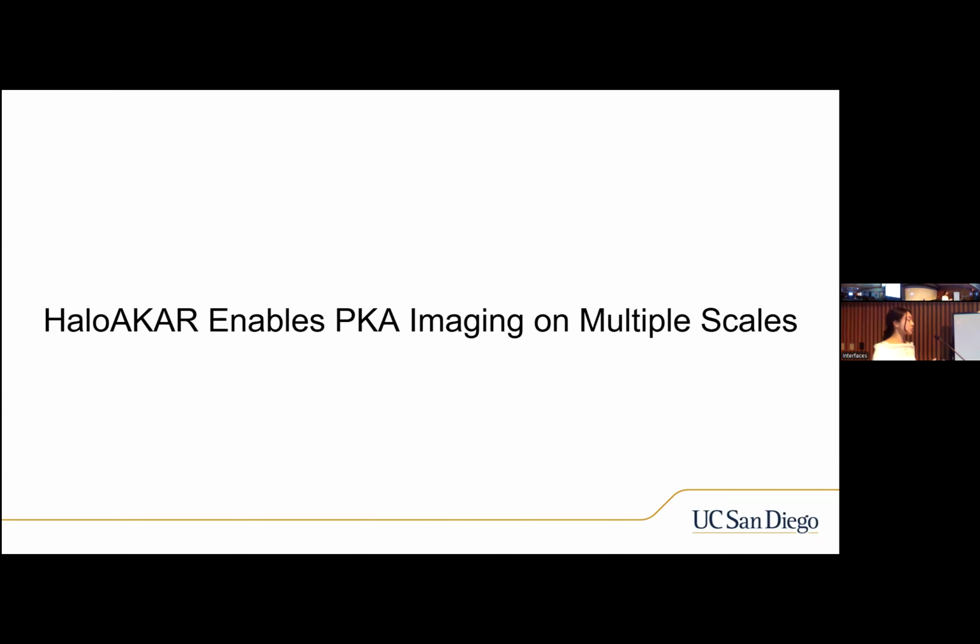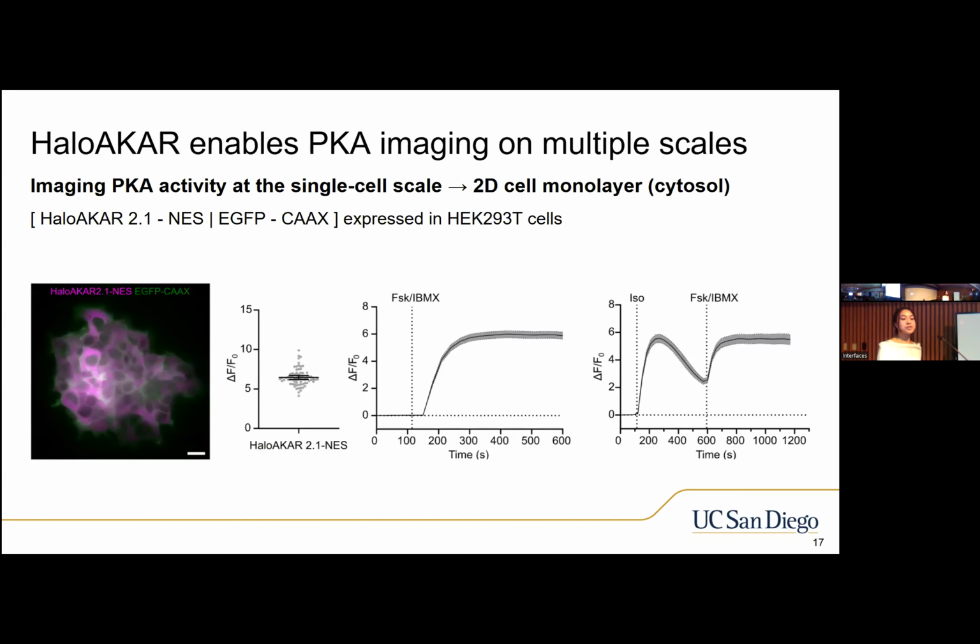And with this new suite of chemogenetic PKA sensors, we were able to image PKA dynamics in more complex imaging applications that span multiple spatial scales. So of course, we were able to resolve spatially regulated PKA activity at the single cell level.